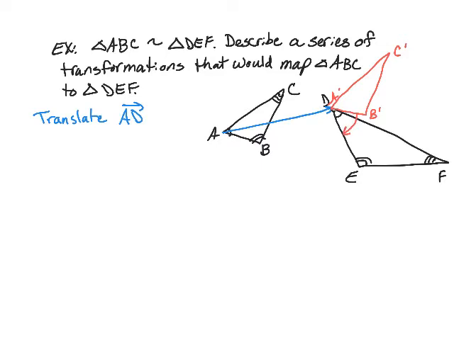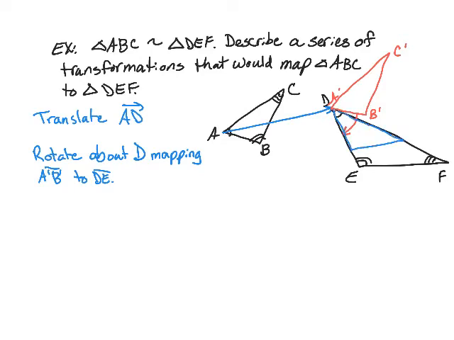So my second instruction is to rotate about D, mapping A prime, B prime to DE. Okay, so what that would do is rotate it down, and now my triangle kind of looks like this. We're almost there, so let's call this B double prime, C double prime.